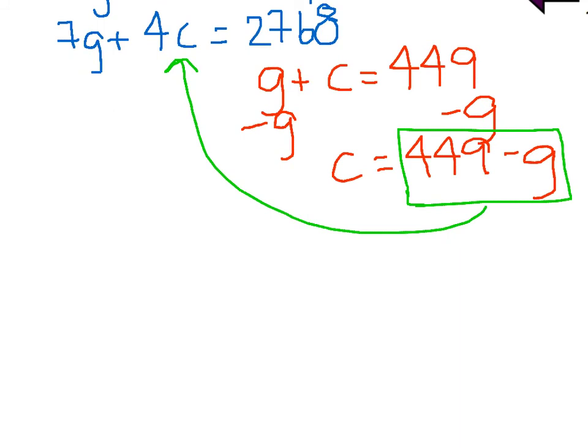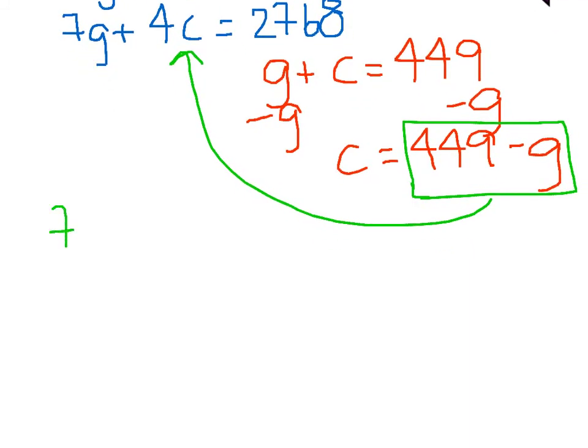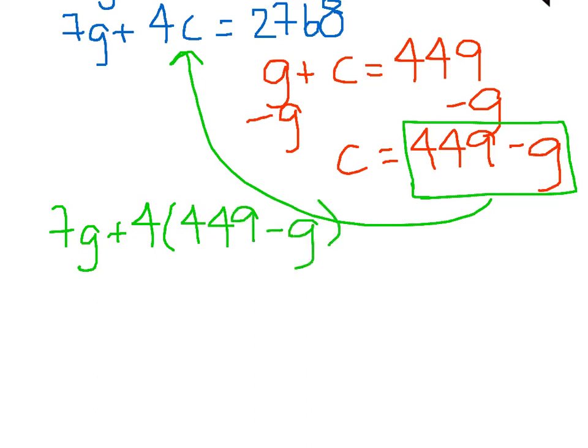So my new equation is going to look like 7G plus 4 times C, which is 449 minus G, in parentheses, equals 2,768. Just want to point out that this is an equal sign right there so that doesn't get lost.